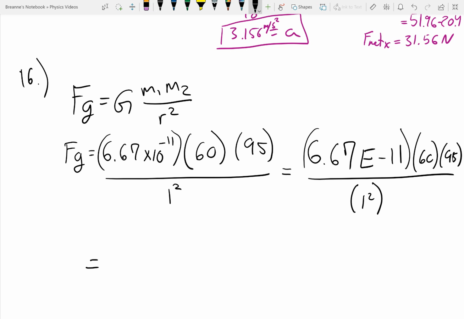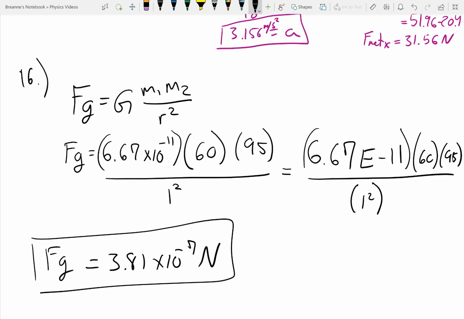If you plug that into your calculator, you get 3.81 times 10 to the negative 7 newtons. So the most tricky thing about this is the fact that you have to plug it into your calculator. Now remember, there's some key things on this one on relationships.